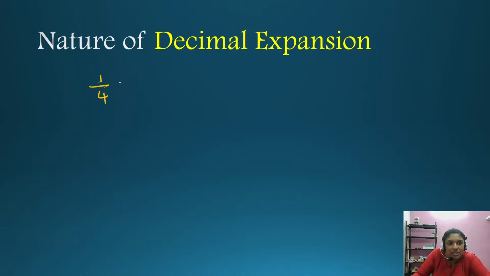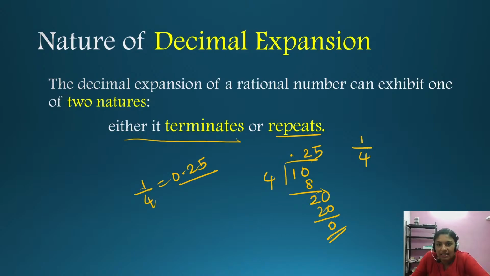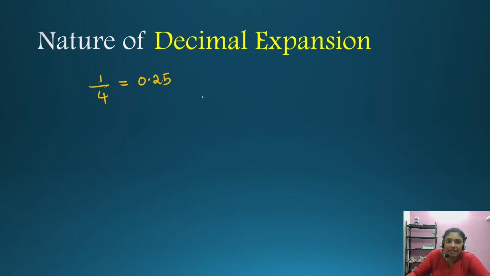So 1 by 4's decimal expansion is 0.25. See, we got remainder 0. That means here it stopped, right? It got terminated. So here the nature of decimal expansion is terminating. So 1 by 4 is a terminating rational number.